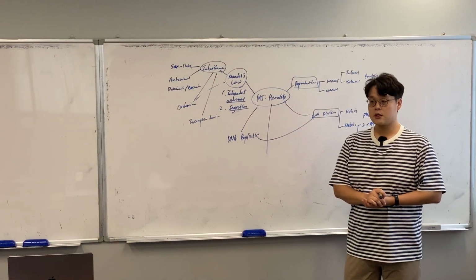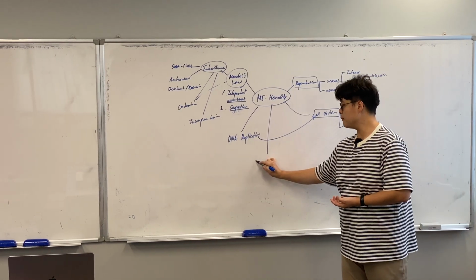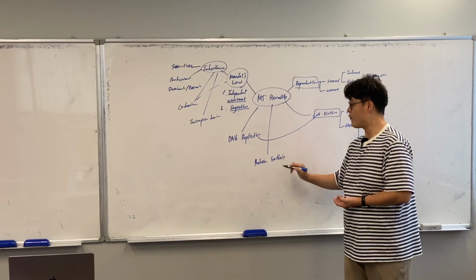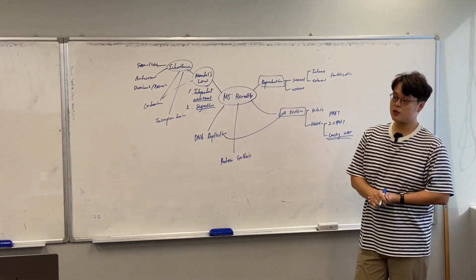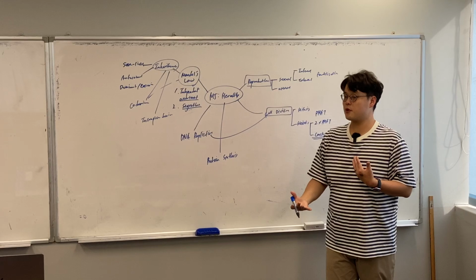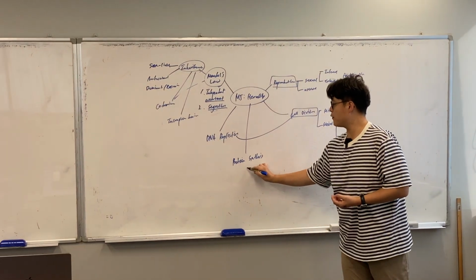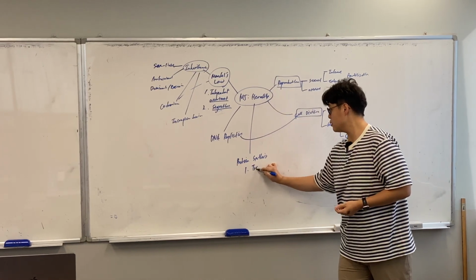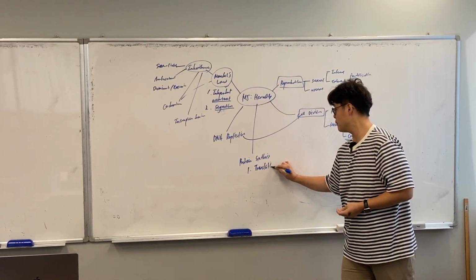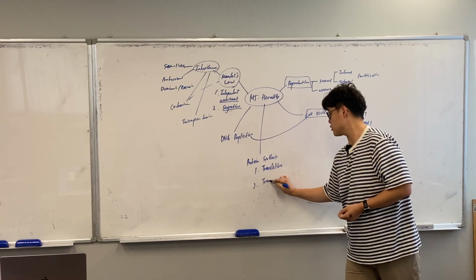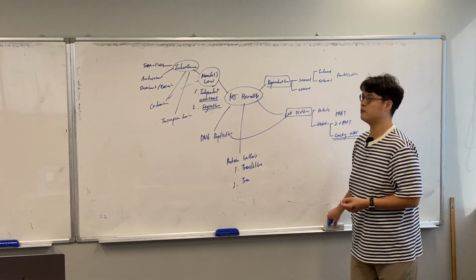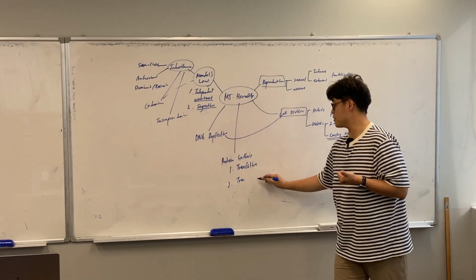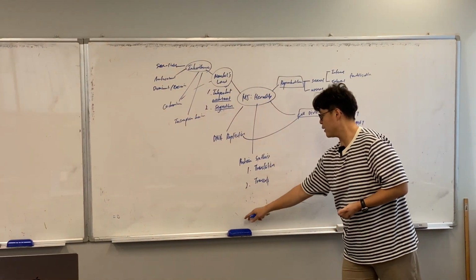We also did something about protein synthesis. Now, within protein synthesis, you have to understand the procedure of protein synthesis. One starts from what happens in the nucleus, called transcription, and two is translation.